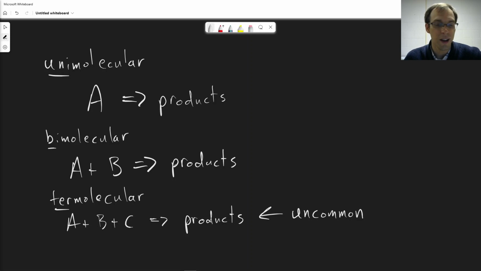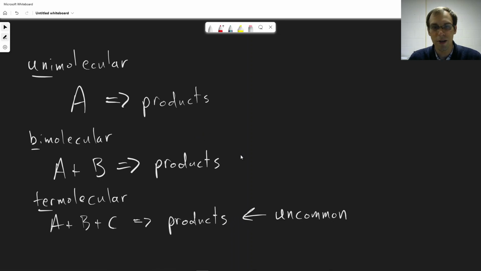This is unlike for complex reactions. If we know a reaction mechanism, we can write a rate for any step involving a reaction from an elementary step, because we know exactly what's happening and what concentrations matter. And so we can write a rate law for each of these types of steps that we talked about in the last video. So if we have a unimolecular reaction, the rate just depends on how much A there is. If there's no A, the rate is 0, and it'll go faster the more A there is, because A is going directly to products.